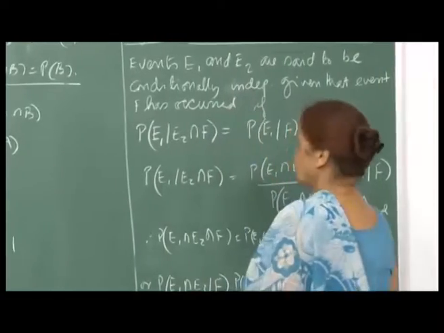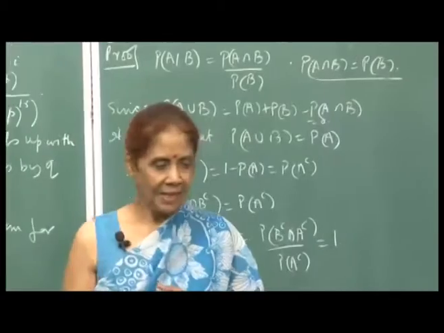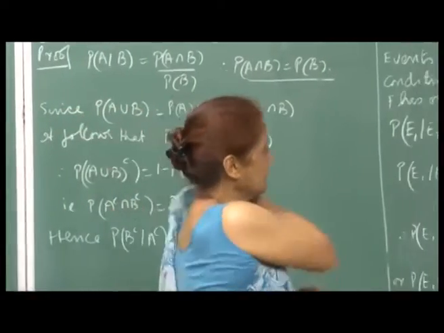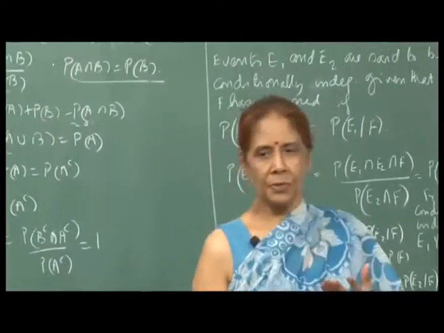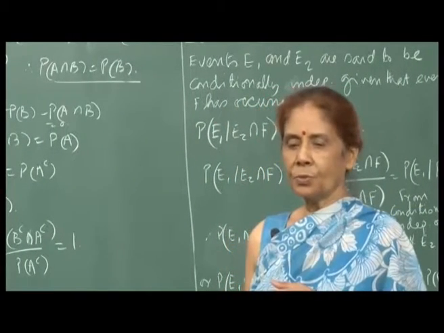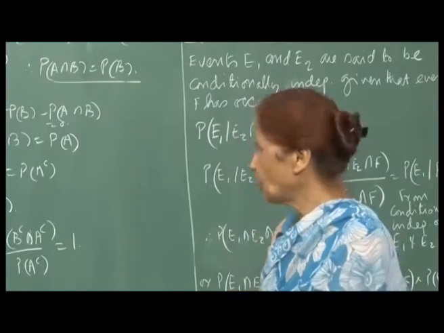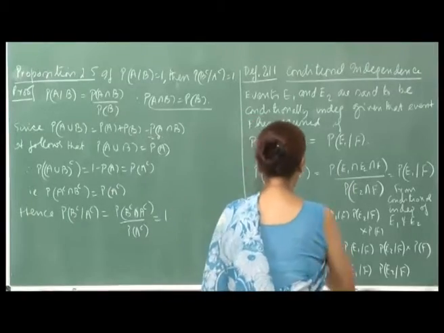Okay. Now, the final result on conditional probabilities. This is conditional independence. Remember, we defined independence of two events if the probability of the intersection of the two events is equal to the product of the individual probabilities. Now, the same thing gets extended.